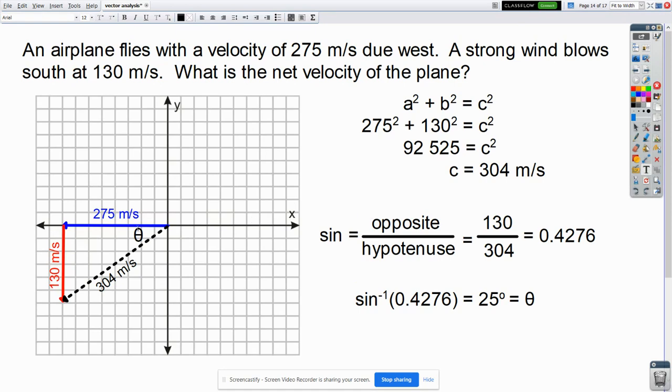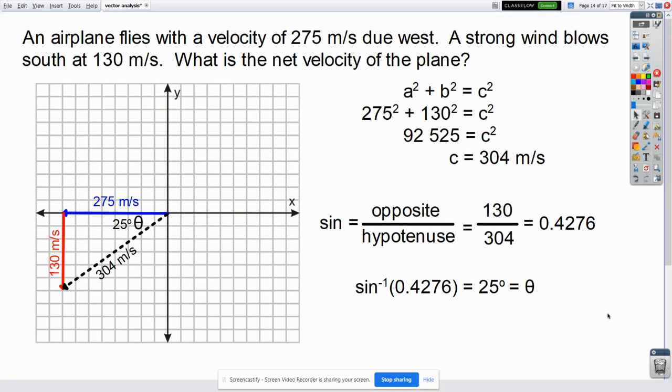So I now know that this angle here is 25 degrees. Again, no protractor, no worrying about, did I draw this right? Are my scales correct? That's what the angle is, 25 degrees when you have those sides. Quick and easy, if you ask me.